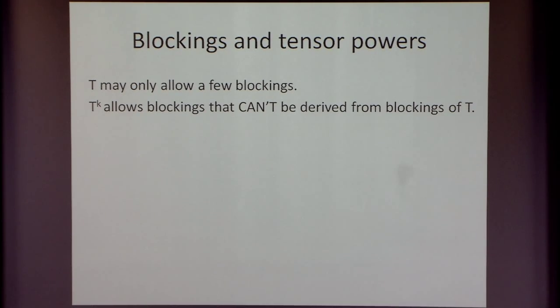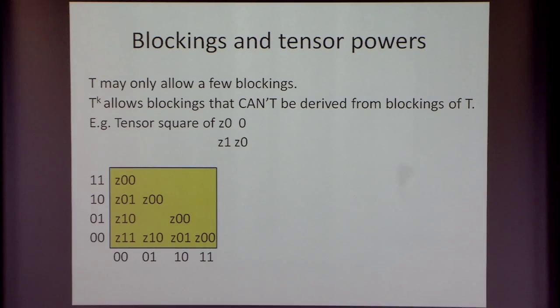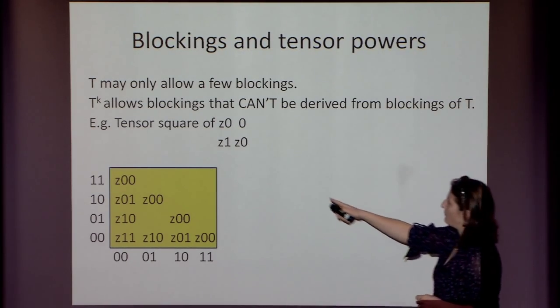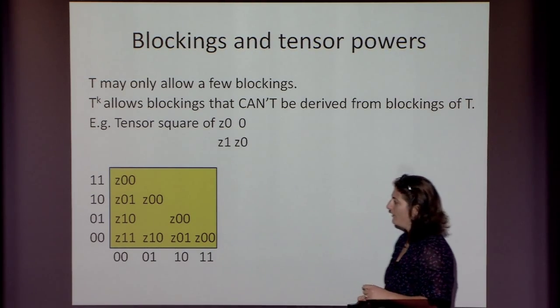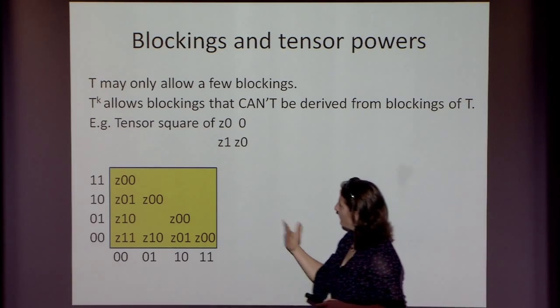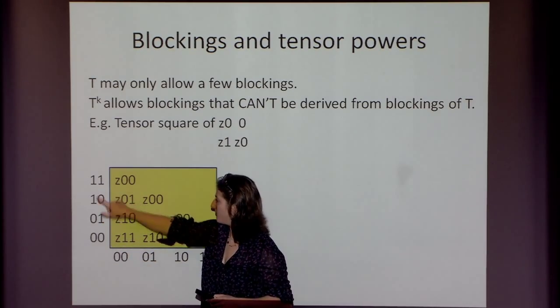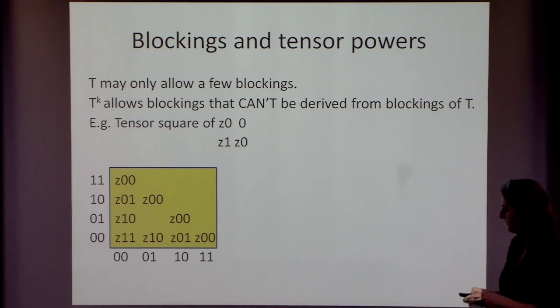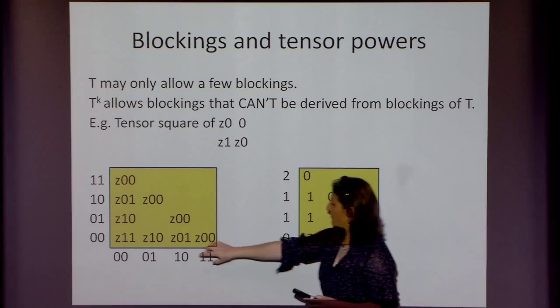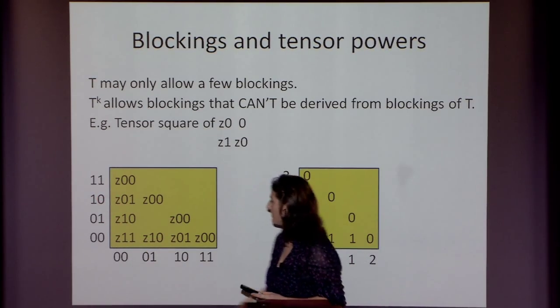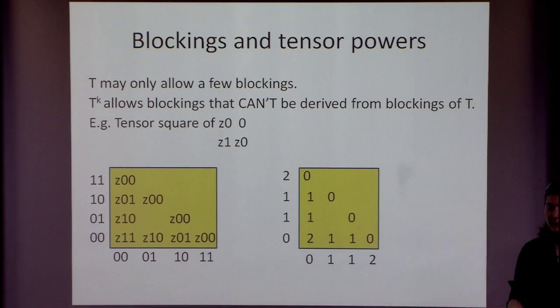But if you go to a tensor power of this thing, you can get more blockings, things that don't look like tensor powers of the original one. So something like this, let's say the second tensor power of this thing looks like this. And the induced blocking from the original one is just to take the block sequences of the original things. But instead, I could just merge these two blocks and these two blocks, and all of a sudden I have a completely new blocking with fewer blocks and more things in it.